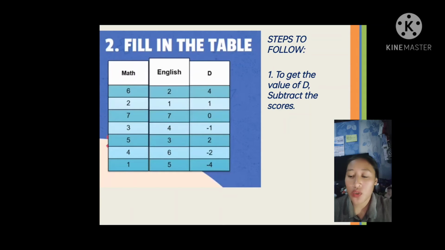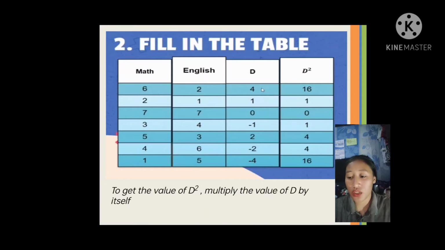So 6 minus 2 is equal to 4. 2 minus 1 is equal to 1. 7 minus 7 is equal to 0. 3 minus 4 is equal to -1. 5 minus 3 is equal to 2. 4 minus 6 is equal to -2. And the last is 1 minus 5, which is equal to -4.